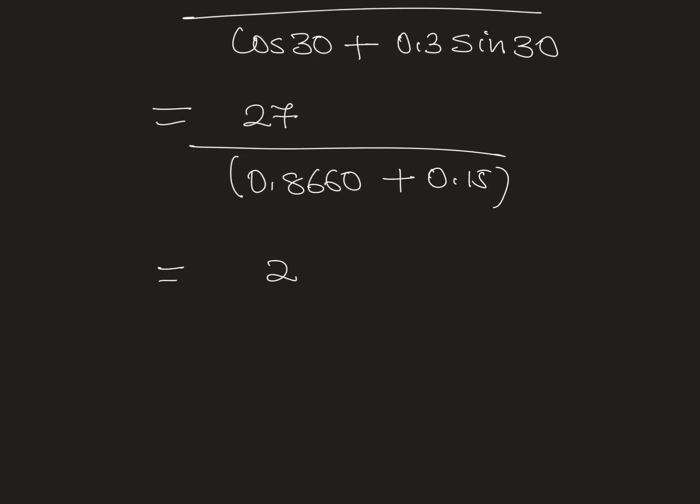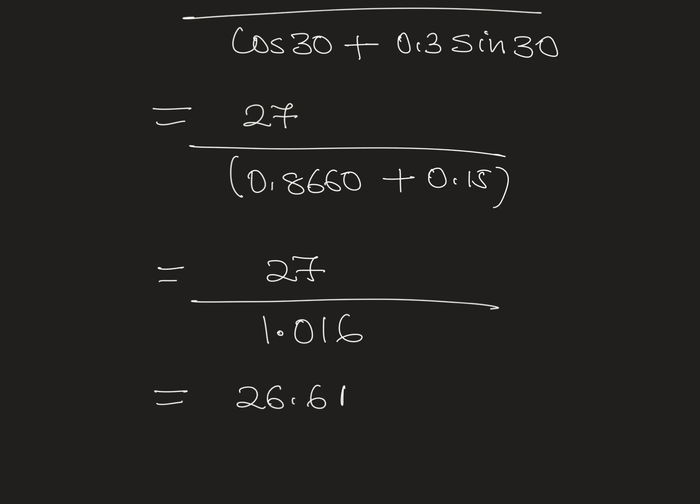So that will be 27 all over 0.8660 plus 0.15, which is 1.016. So 27 divided by 1.016 is 26.6 newtons as the answer.